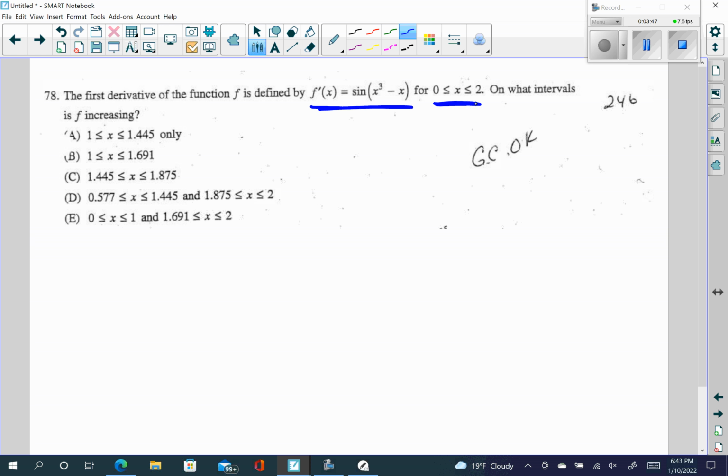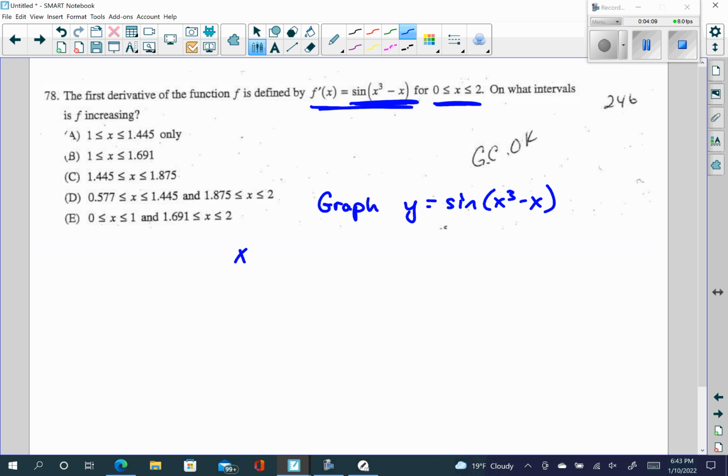So all you have to do is go to your calculator, and we want to graph this function. So all you have to do is type this in. Make sure you're in radian mode, though. So just graph y equals sine of x cubed minus x. And then set the window settings. So go to menu 4.1. Set the window settings to just 0 to 2.